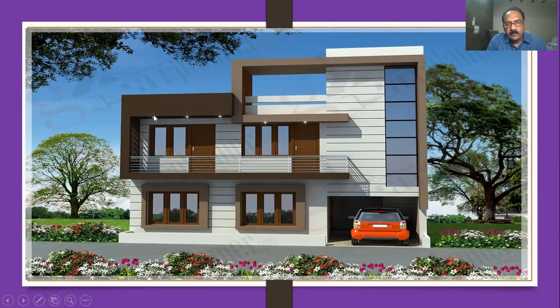Observe carefully, there are different types of items in only the front elevation, not the total building: brickwork items, windows, doors and railing, cornice. There are different types of works here, parapet, ground level, wall. So different items are there in this figure.